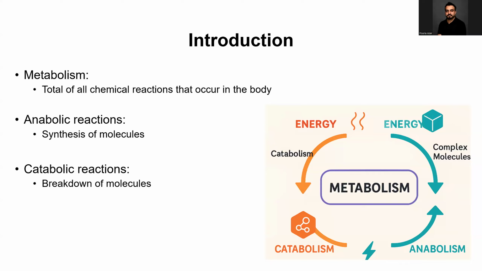So that's an anabolic reaction. And if I want to break down glycogen and release glucose molecules into blood, that's a catabolic reaction because we are breaking down a large molecule, in this case, glycogen.